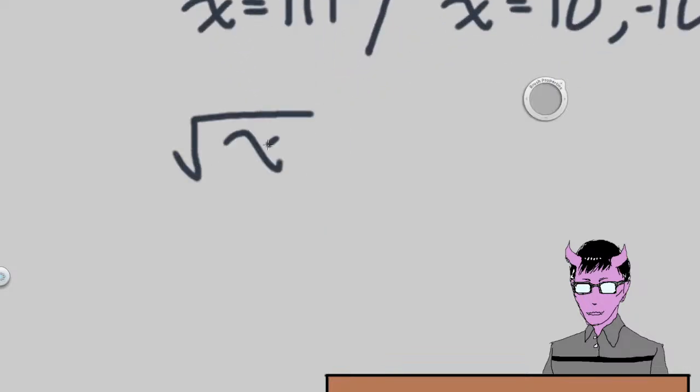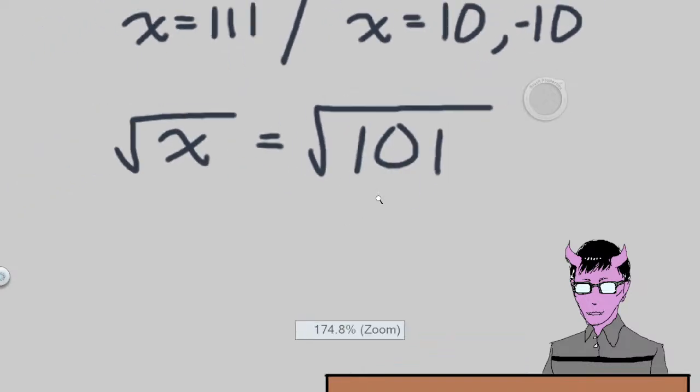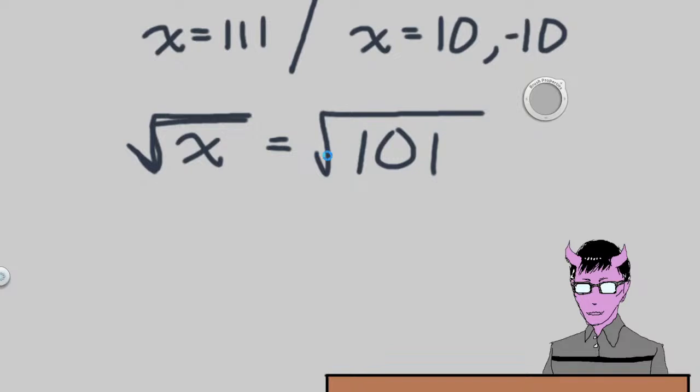If you have square root of x is equal to square root of 101, since this is the square root function, which is the same as this square root function, we can undo the square root functions on both sides and thereby get x is equal to 101.